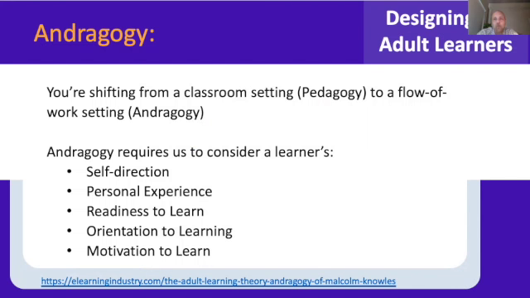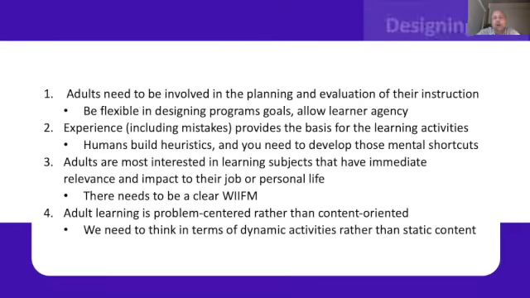So if you've followed Malcolm Knowles and you know about the concepts of self-direction, bringing in the expertise that people have, and all these different elements that really make adult learners different from people learning in more of a traditional classroom setting, it starts helping you think about how we make this environment benefit that ultimate learning goal.